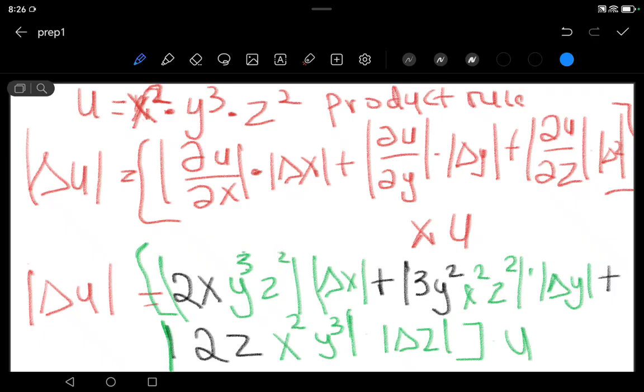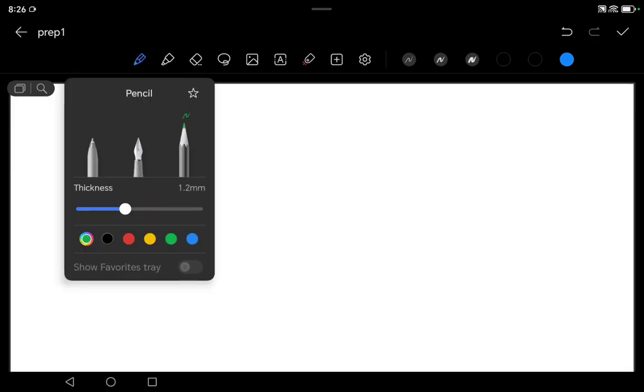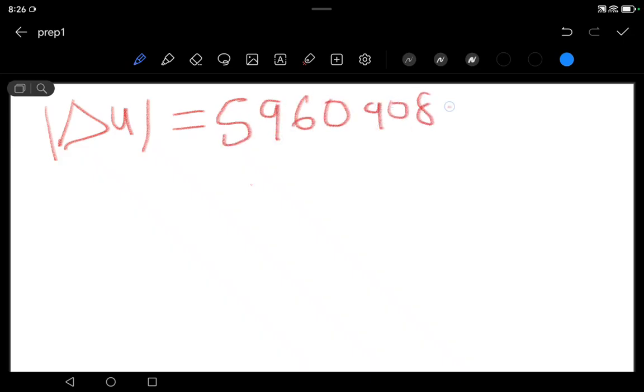Okay. So after substituting, you're gonna get your answer. So let's say you're gonna have the change in u, your answer. So when I calculated, I got the answer as 5,960,908.8. So remember, we're multiplying everything by u, right? We multiplied everything by u, and then now we can divide both sides by u, and then we get the answer.